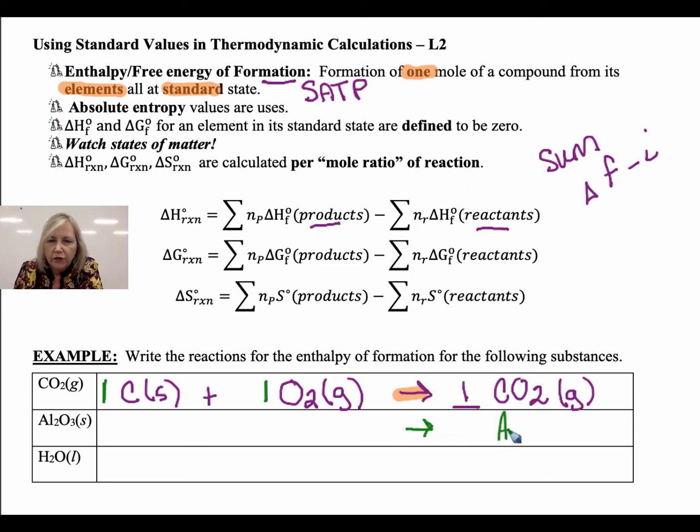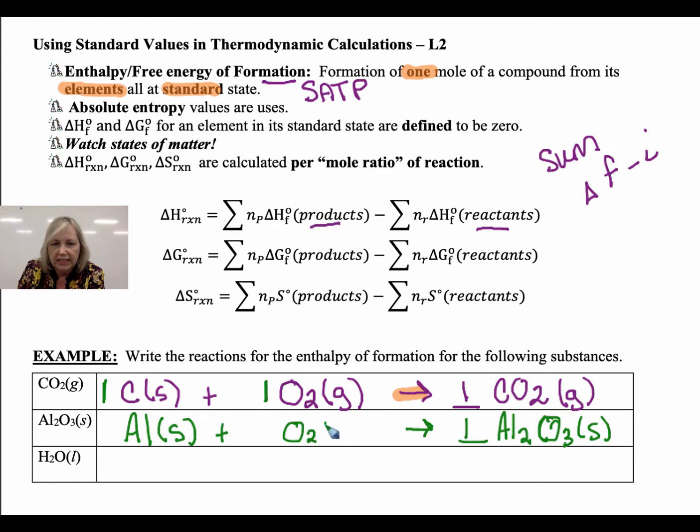So I want to form aluminum oxide. That's a solid, and I need to form 1 mole. We want to make this from its elements, so aluminum, which is a solid at standard ambient temperature and pressure, and oxygen, which is a diatomic gas at standard ambient temperature and pressure. And now we have to balance that. I have 2 aluminums.